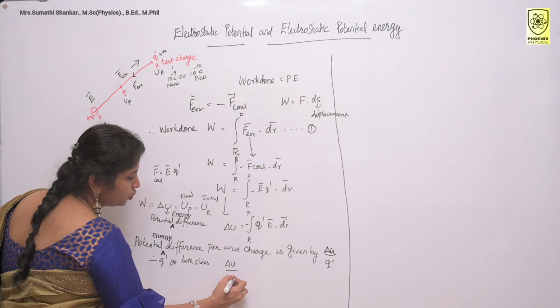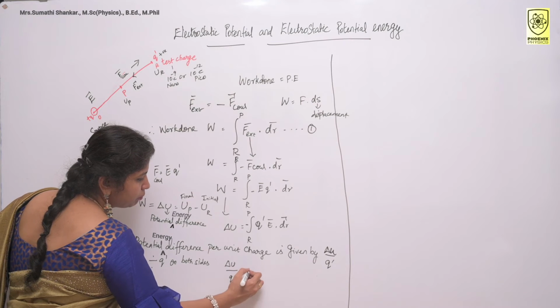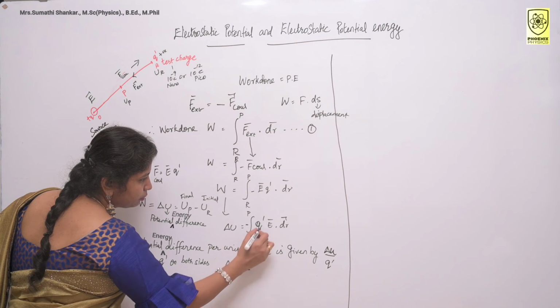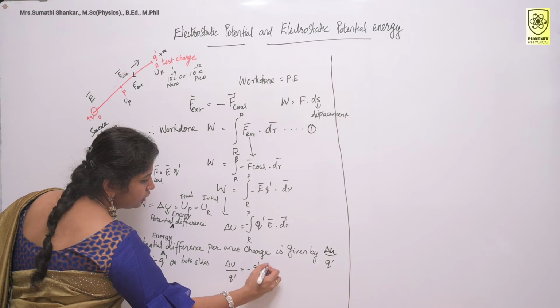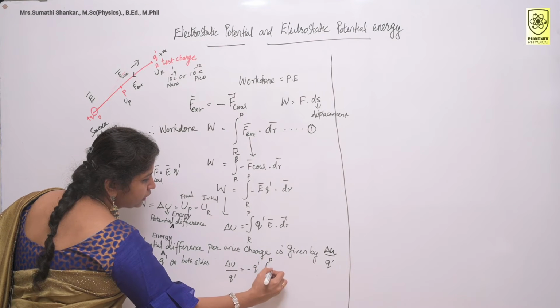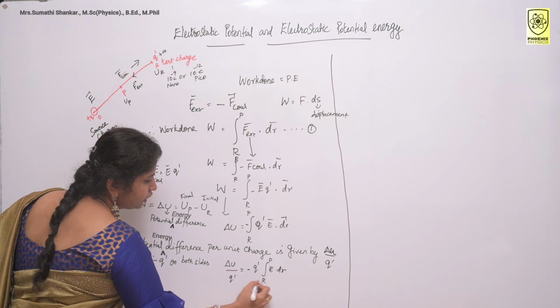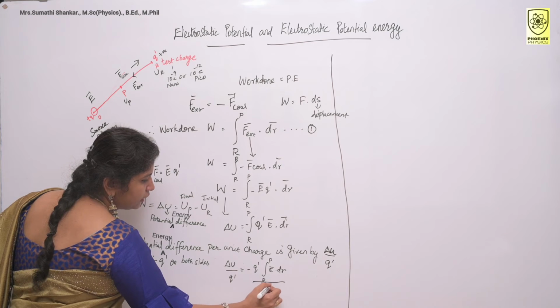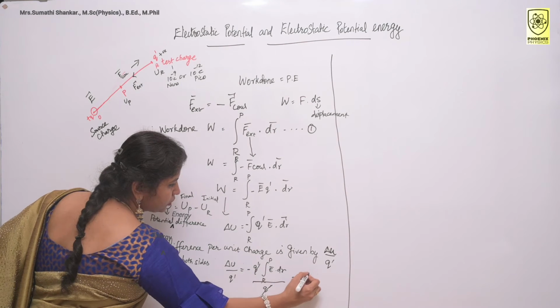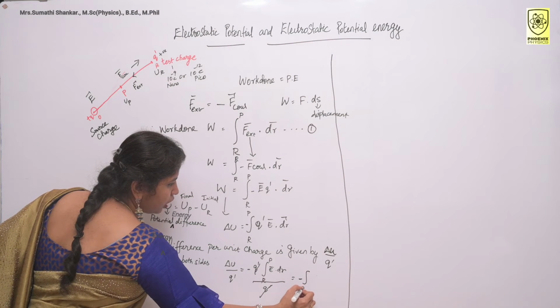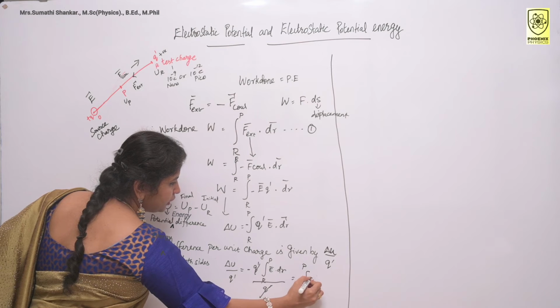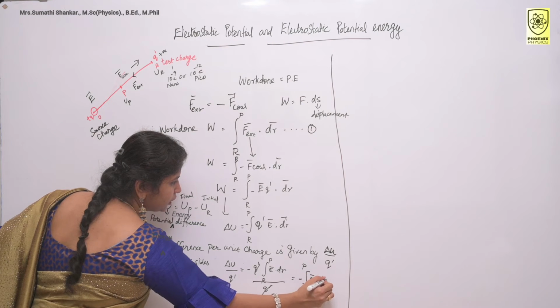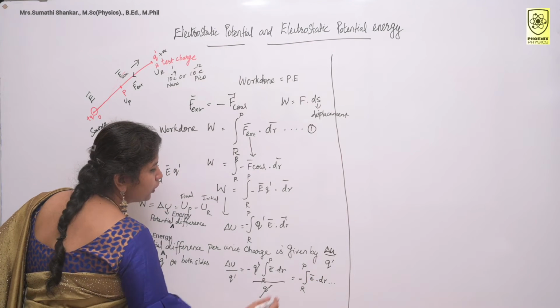Delta U by Q dash is equal to minus, bringing this Q dash outside, integral from R to P of E vector dot dr divided by this Q dash. Cancel this Q dash: minus integral of R to P E vector dot dr.